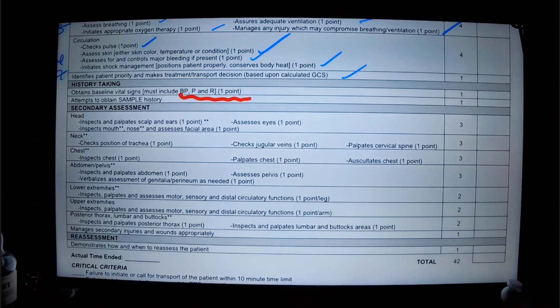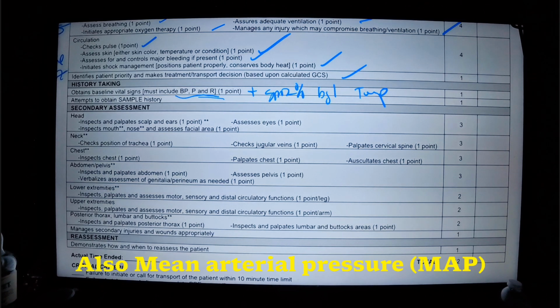Vital signs is not just this, which is BP, pulse, and respiratory. It's that plus SpO2%, blood glucose, and then temperature. Those are the vital signs. I don't know why they just did three, but whatever. I'm changing that for you guys.